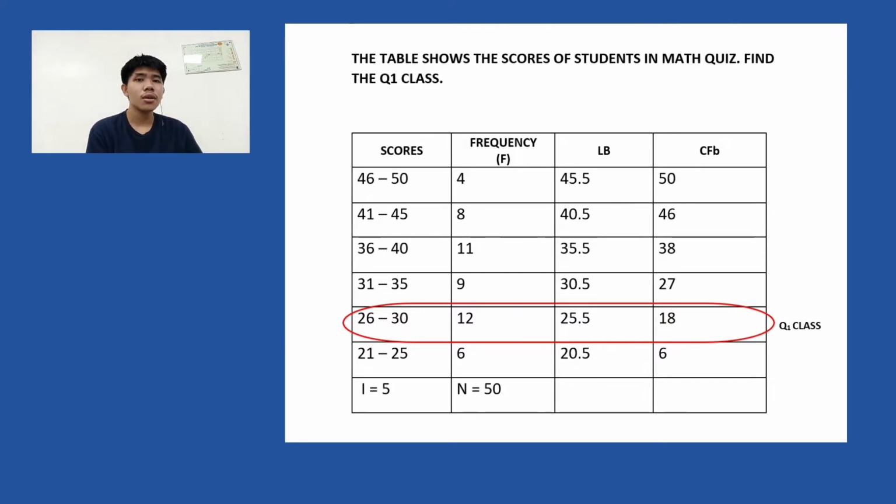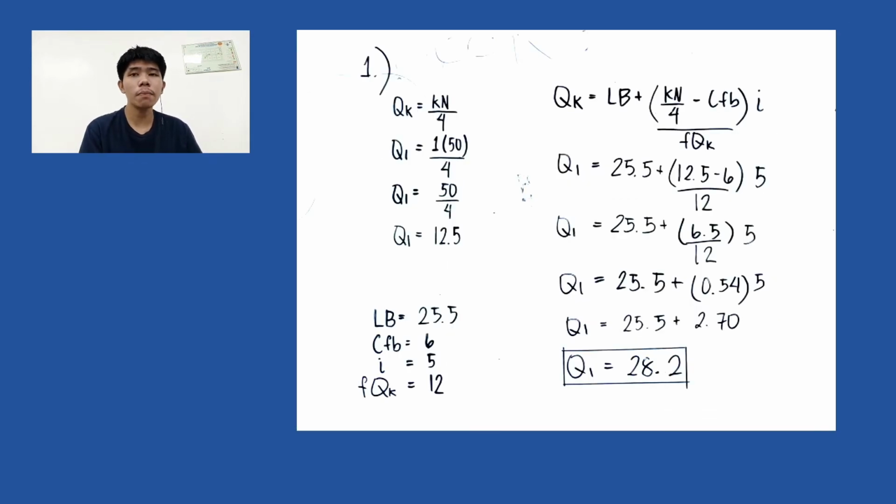After that, we will find the rest of the values of our formula. So by looking at the encircled class, our LB is 25.5, CFB, which is 6, our I, or interval, is 5, and our FQK is 12, or the frequency.